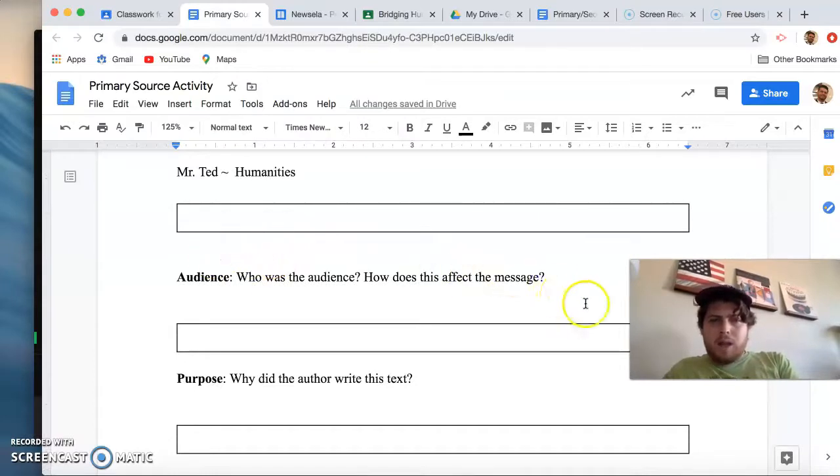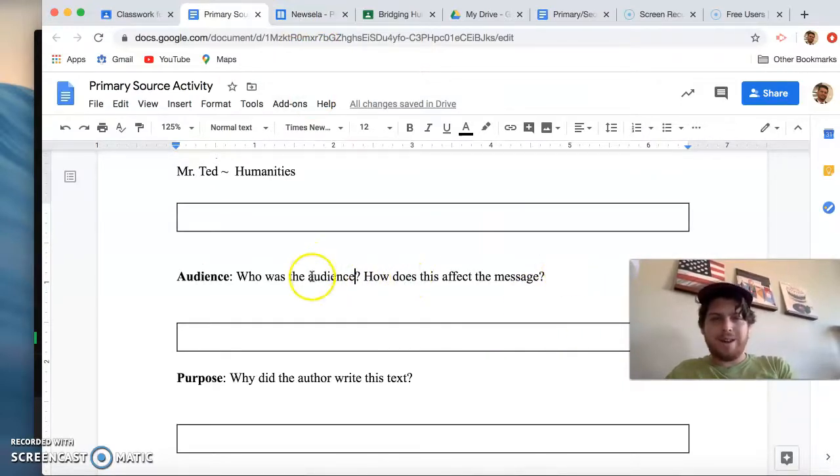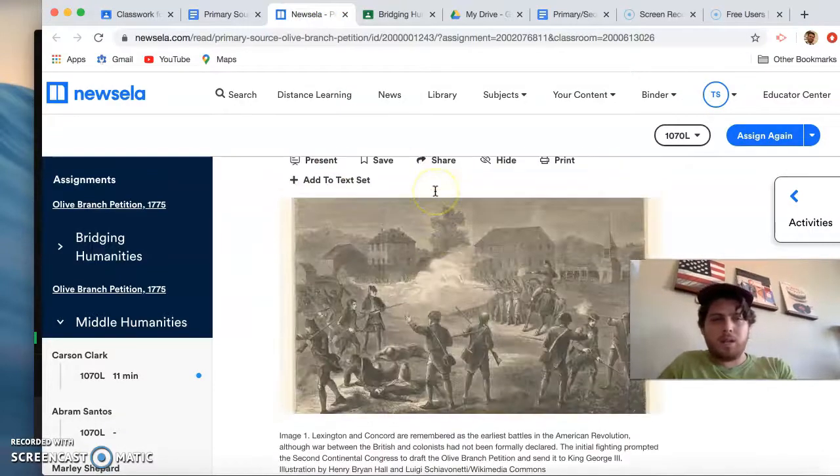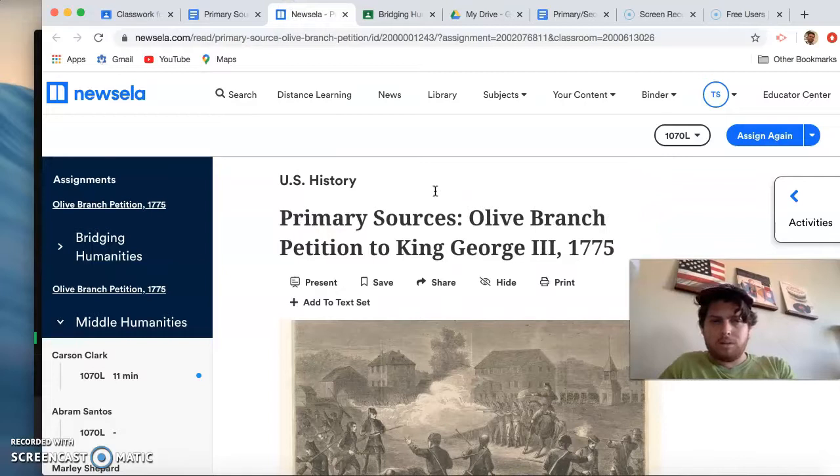Who is the audience? How does this affect the message? So now this is the part that might require some critical thinking, but the audience itself should be a specific person. It's not kids who are reading it on New ZLA. The audience is also from the time period. So who is the audience for the olive branch petition?